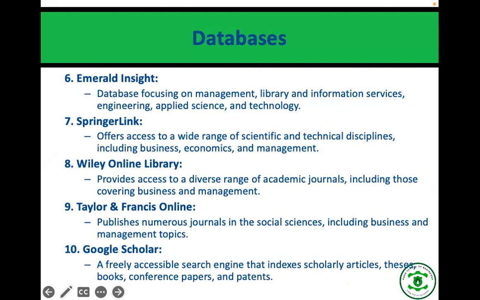If you look at almost all of them, the majority are publishing houses. So a database, but they also publish. Apart from Google Scholar. Google Scholar is just an indexing engine. They don't publish. So whatever we would find in Emerald, Springer, and whatnot, we can equally find in Google Scholar. That is why Google Scholar is so important.